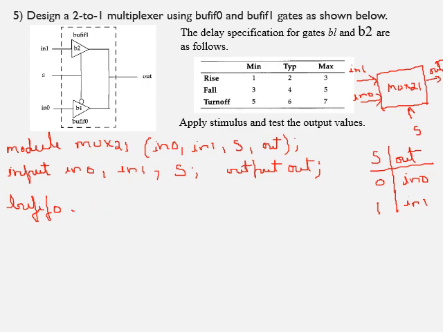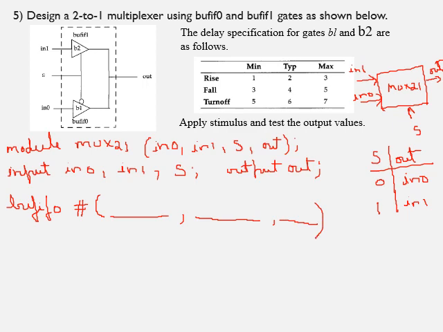The delay we specify by hash and inside brackets. The first one should be the minimum value. Next one is the typical value, and then next is the maximum value.